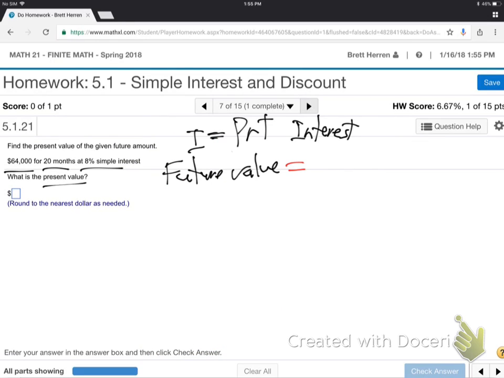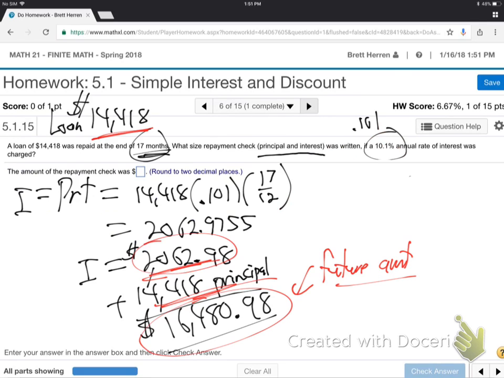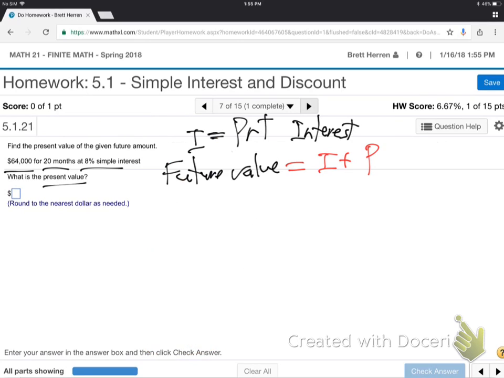Future value will be interest plus principal. I'm representing it with just letters now. Same concept as what I just did right here. I took the interest and the principal and I added them together to get the future amount. So future value is interest plus principal. What is interest though?